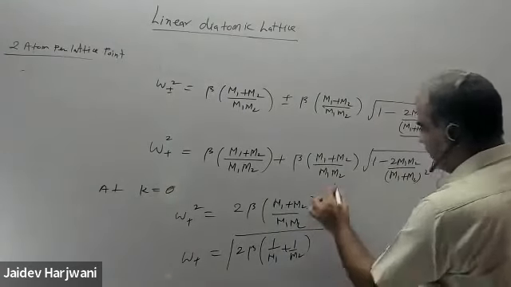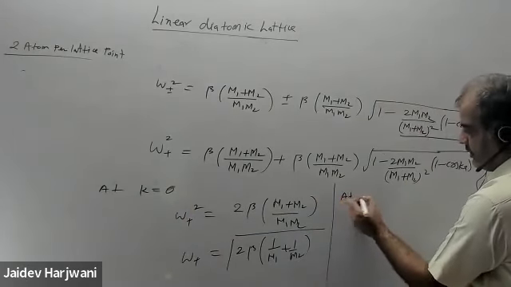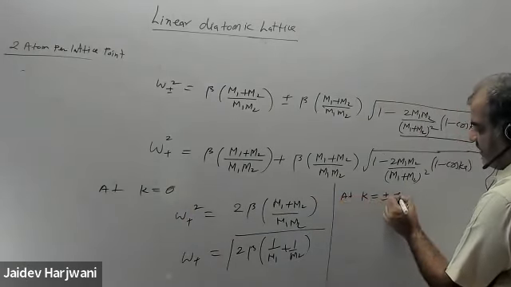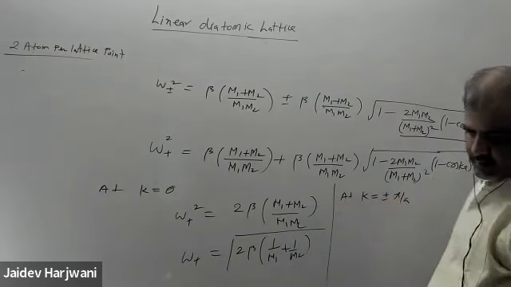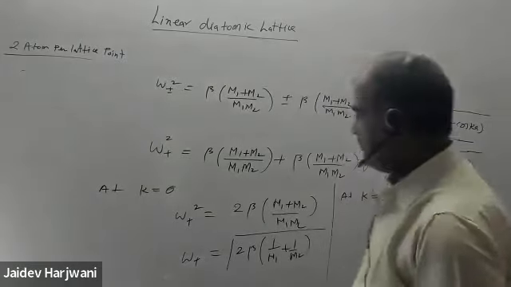Now similarly, if I want to write the value at k equal to plus minus pi by a, what will be the value of this omega plus branch?